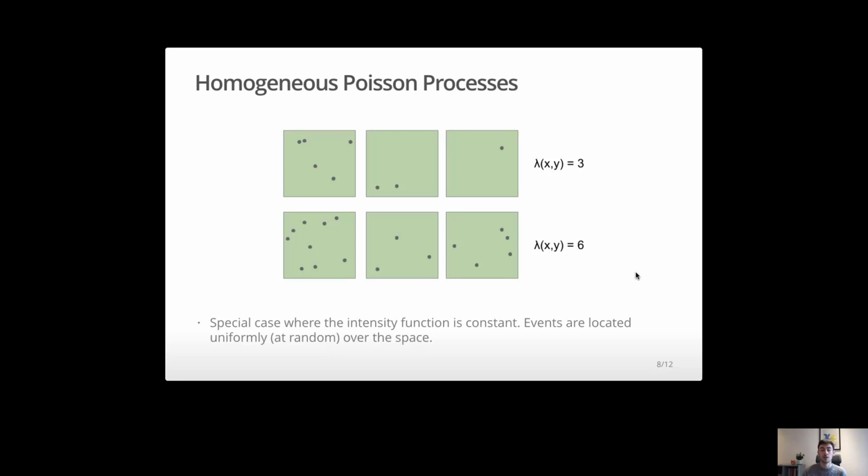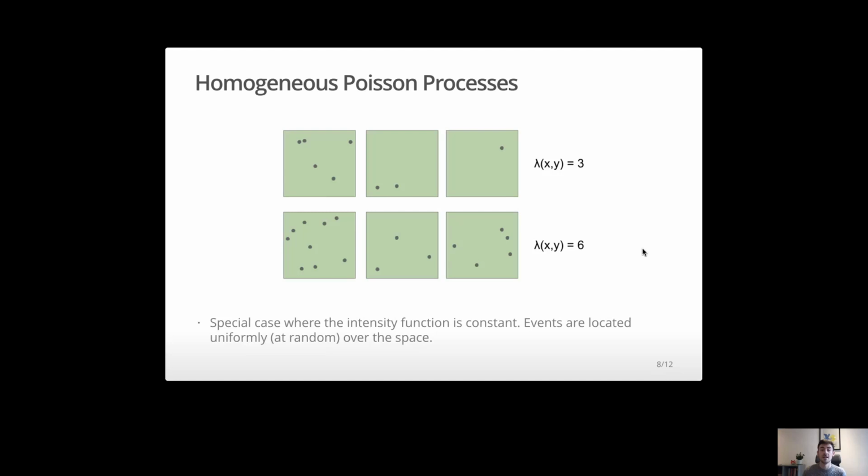In this case, we've got 3 realizations of each point process, given by each row of the picture here, where the 2 intensity functions are given by lambda of x,y equals 3 and lambda of x,y equals 6. So in this bottom row, we're expecting to see about twice as many points each time as in the top row. But note that between each realization of each process, we're getting a different number of events happening, and the locations of those events are also changing.